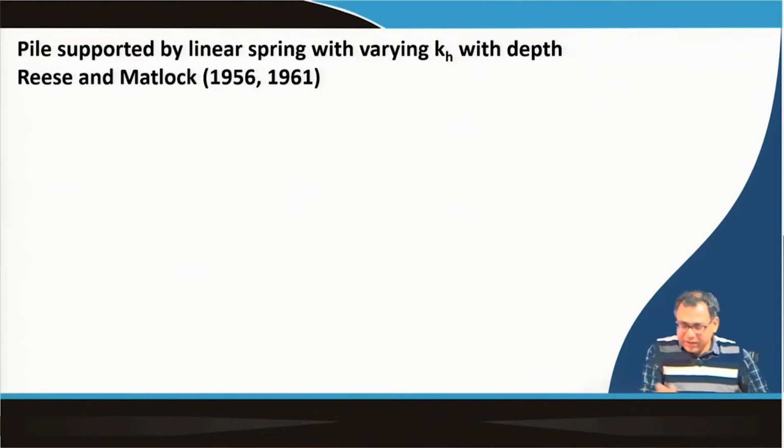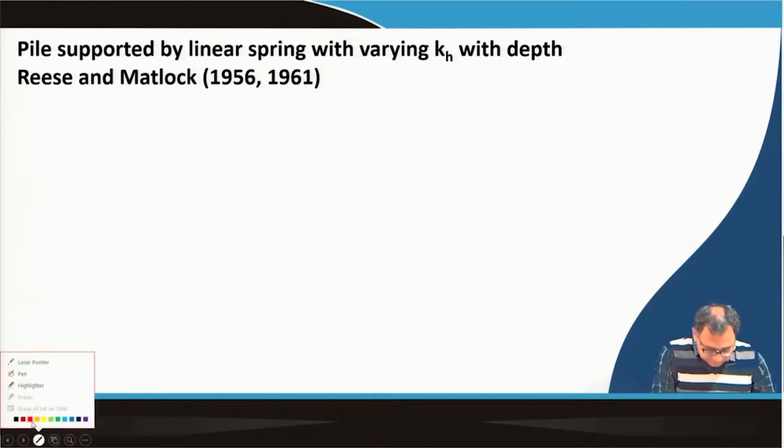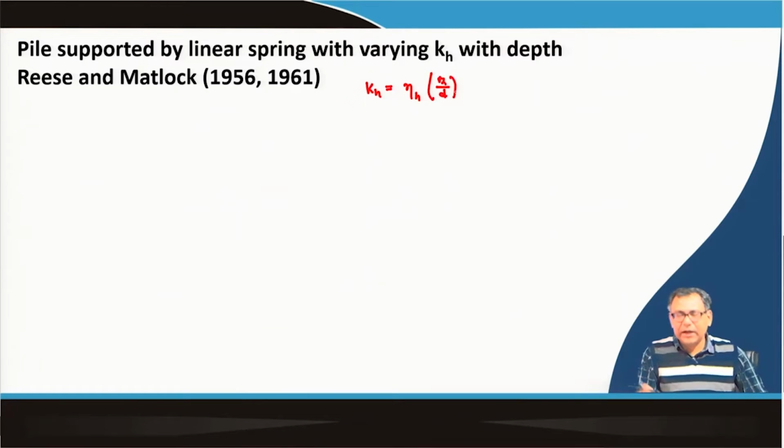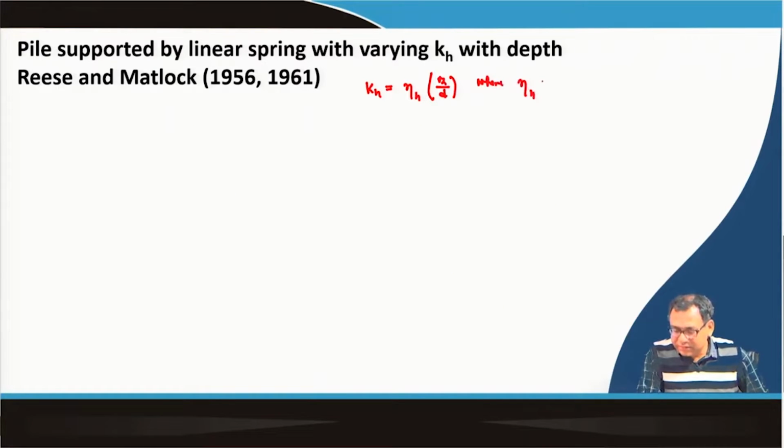Okay. So, now here the kh is taken as eta h times z divided by d, where z is at any depth, d is the diameter of the pile, and where this eta h is the coefficient of subgrade reaction.